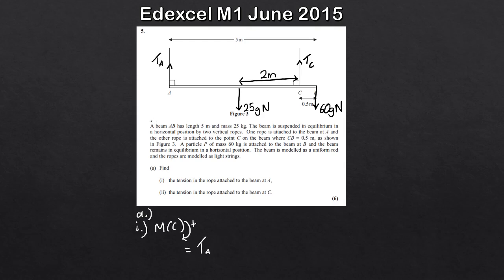We times this by the length. If this part here is 0.5 and the remaining is 5 meters, then that'll simply be 5 minus 0.5, so we times this by 4.5. Remember, the force times the perpendicular distance. So tension A times 4.5 there. That's our distance.